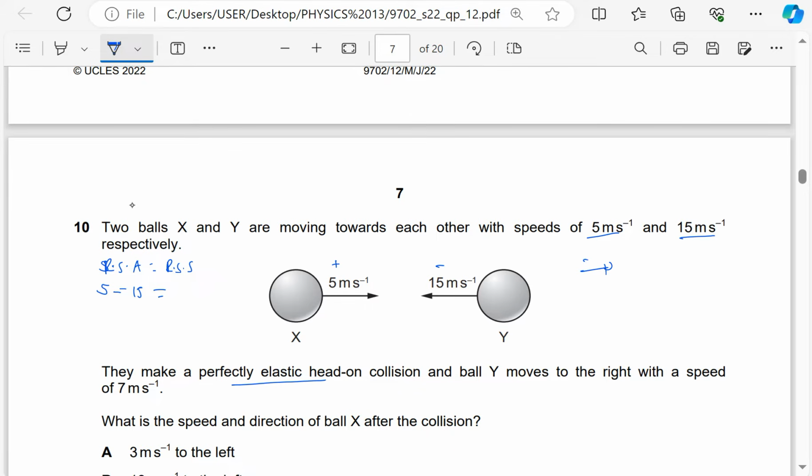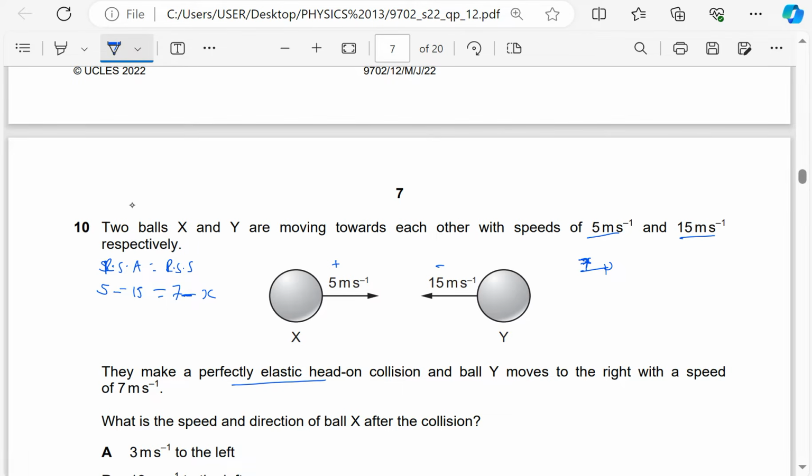I will call this velocity X for Y. No, Y moves to the right with a speed of 7. So this will be 7. And we don't know the direction of X. So I'll just say 7 minus X, the speed of X after the collision. So this minus doesn't show opposite direction, but relative means we subtract the velocities irrespective of their direction.